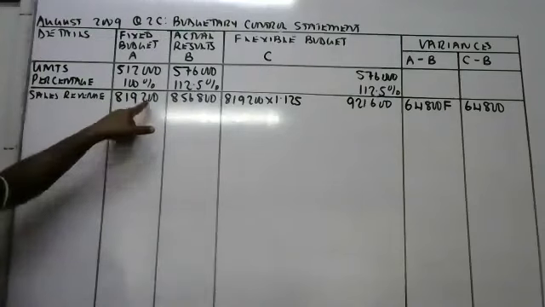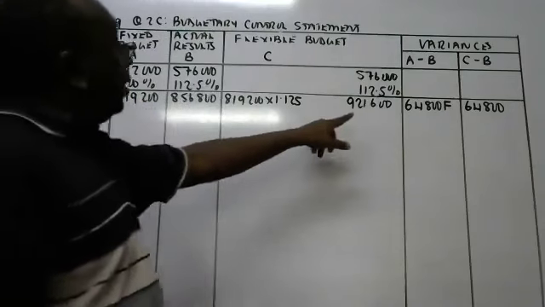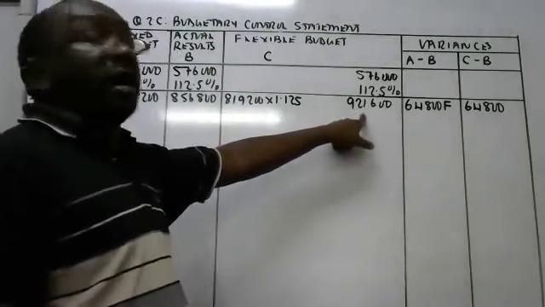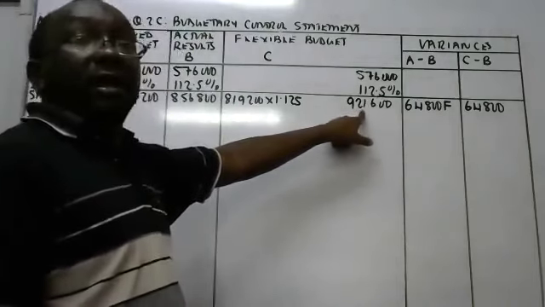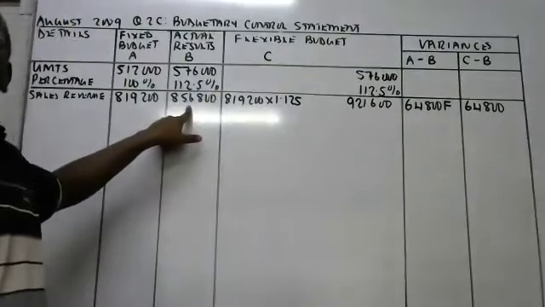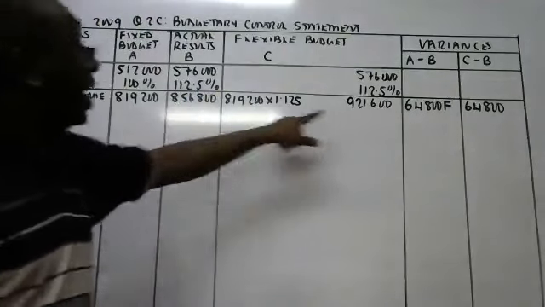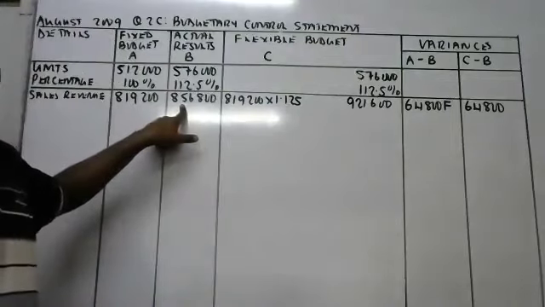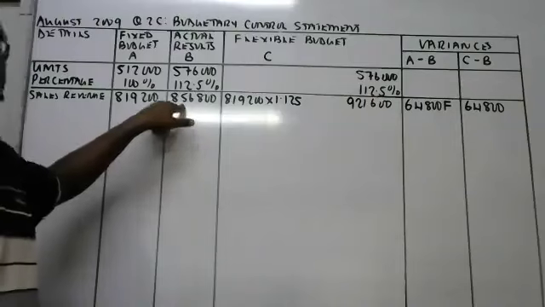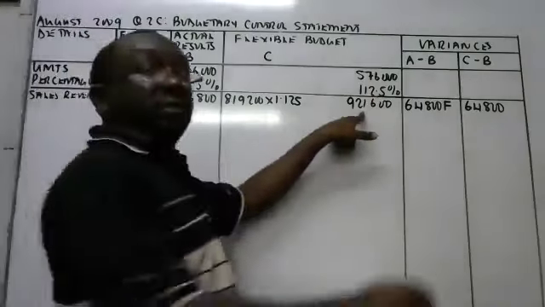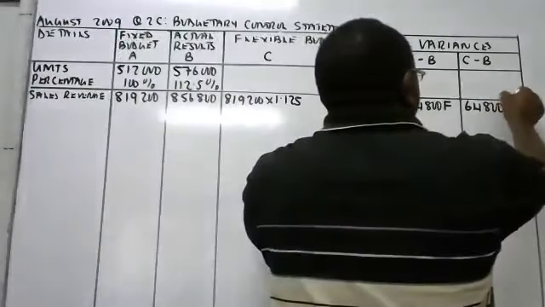It's good. Higher. Here, the budget of 921 is bigger than what we got here. So is that good or bad news? It's bad news because the actual is smaller than what we should have gotten. So that is adverse.